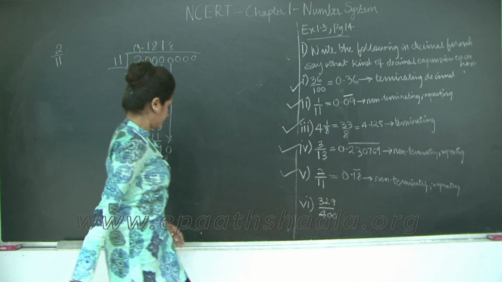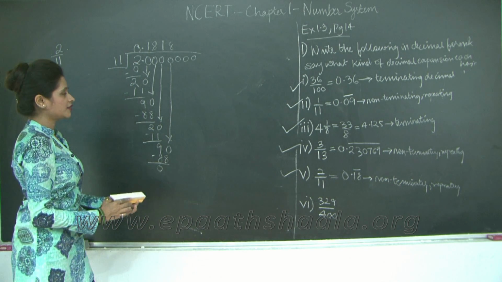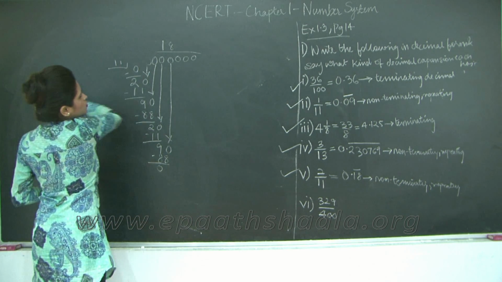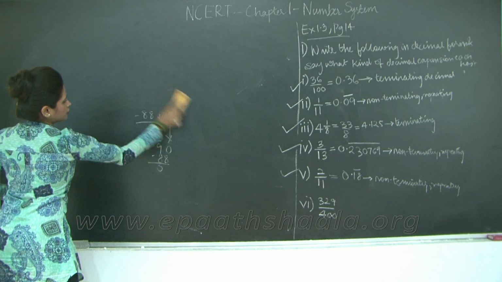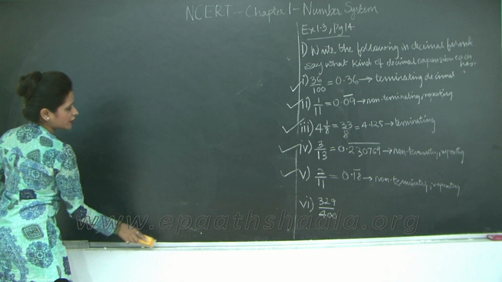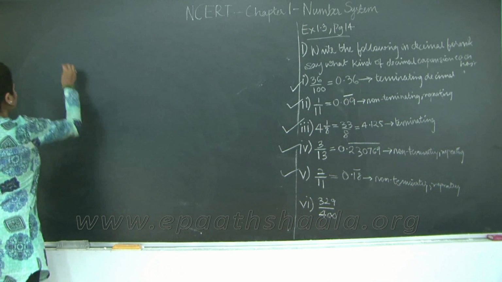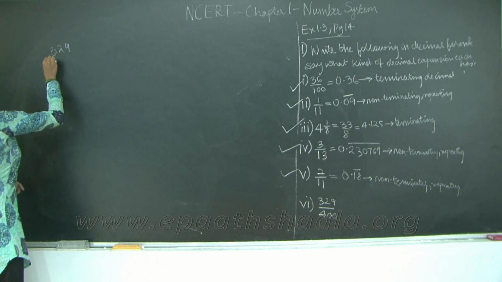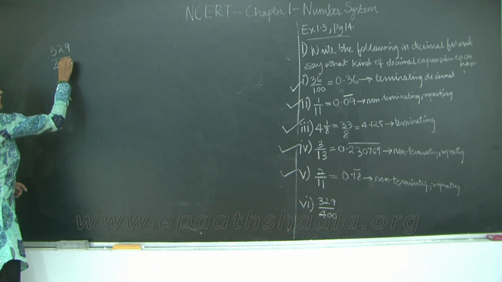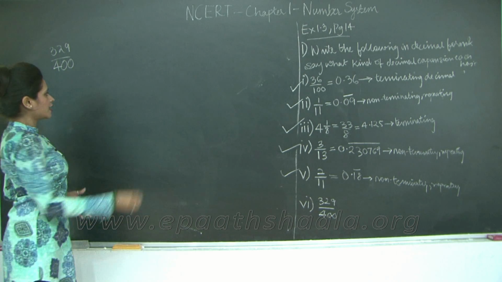Let us tick it. Finally, the last sum of this question of exercise 1.3 looks like a big number, 329 upon 400. But let's see how quickly we can solve it and how simple it is, right?